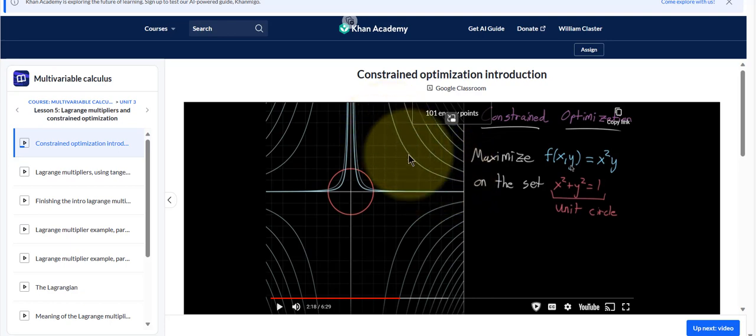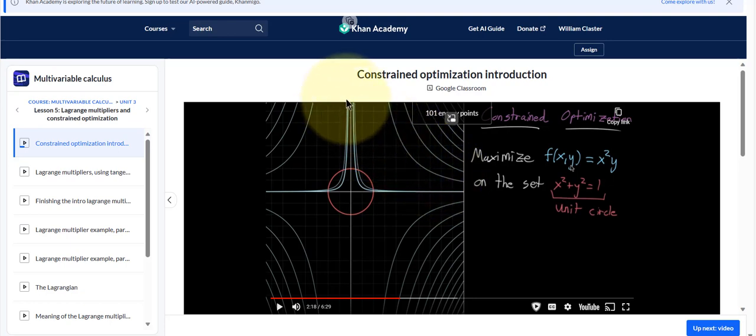Every point on a contour line, as we've discussed, has the same height above it for the surface. So these are kind of equivalue lines, because every point on here has the same value. There's one drawn here and one drawn here and so on.